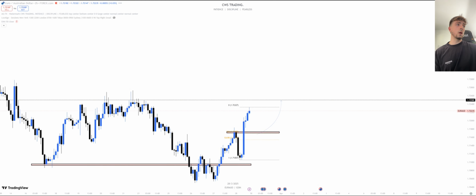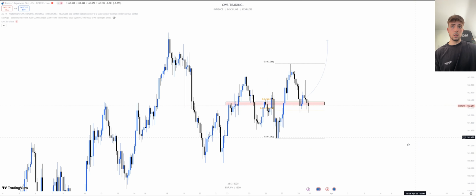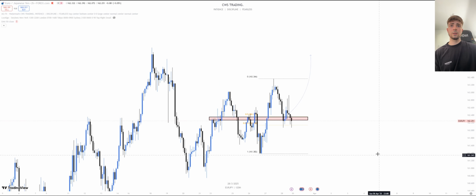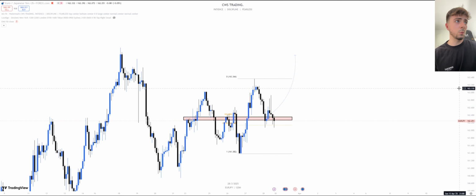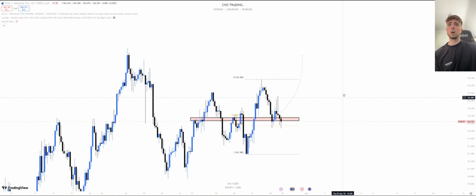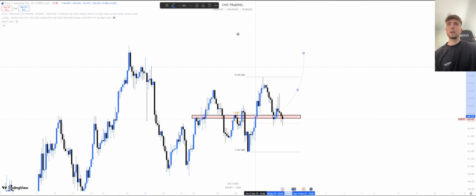And moving on to the last pair, Euro JPY. We're looking for sells, so I must have marked this up last week. So we aren't going to focus on Euro JPY because I don't think there's a setup here. Actually, let me see if there could be a potential sell setup here, because obviously, as I was saying earlier, we want sells for JPY.